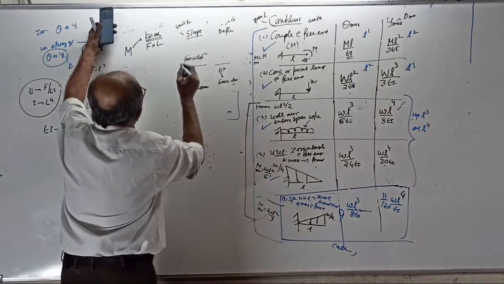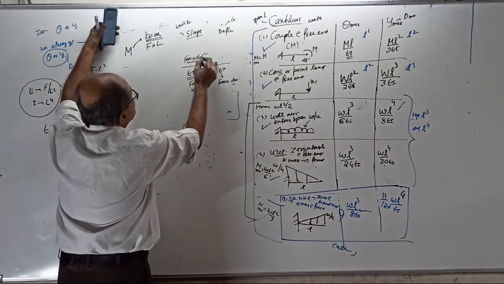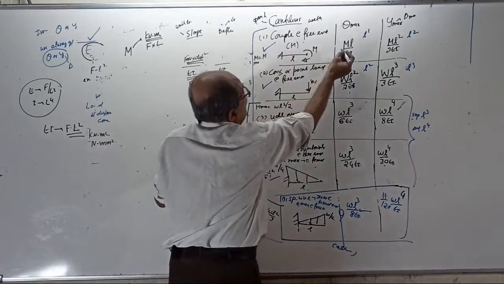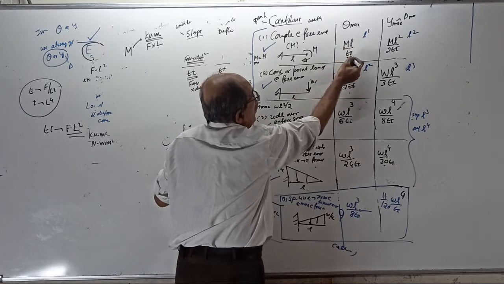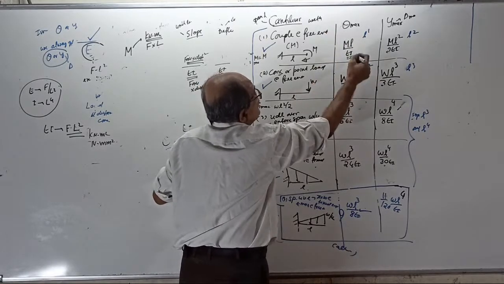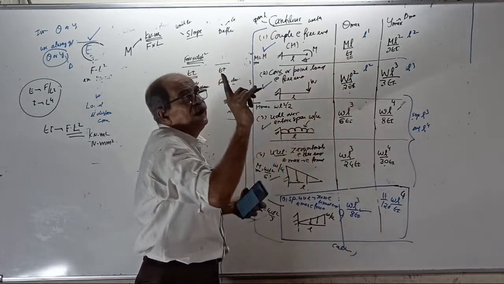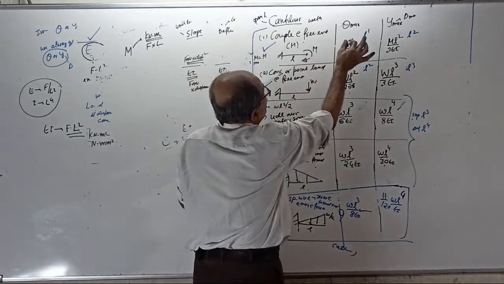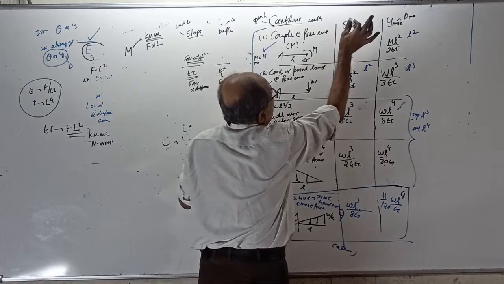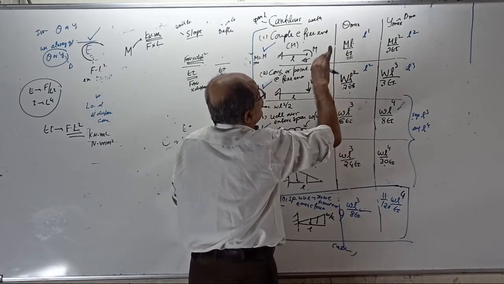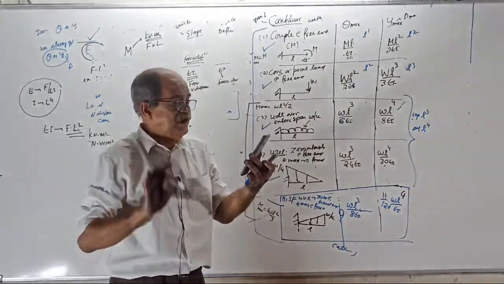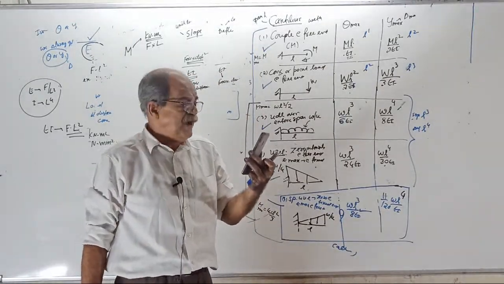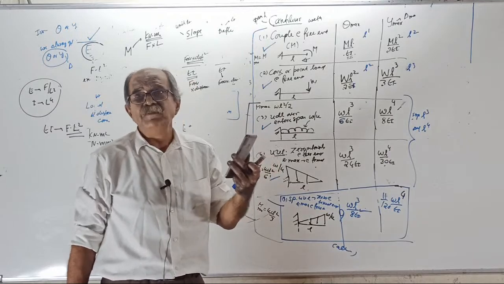Couple is already force into distance, so to make it force into distance square, L will come only once. M is kilonewton meter into meter, kilonewton meter square by kilonewton meter square. Slope becomes unitless. Clear or not? Make a note.